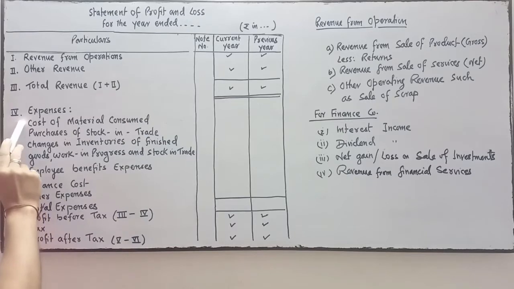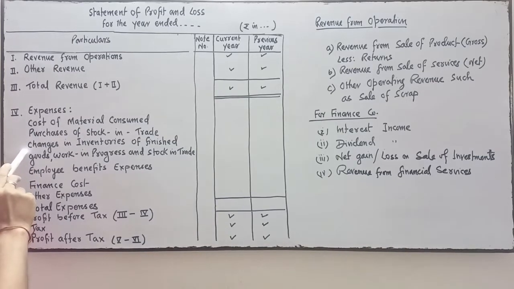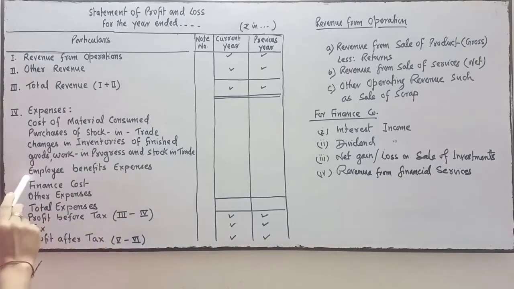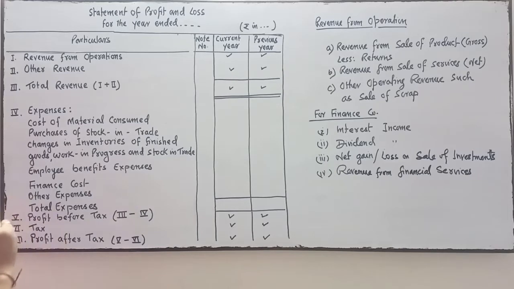So the first one is cost of material consumed. Next is purchase of stock in trade. Thereafter change in inventories of finished goods, work in progress and stock in trade. Thereafter employee benefits expenses. Thereafter finance cost. Thereafter other expenses.